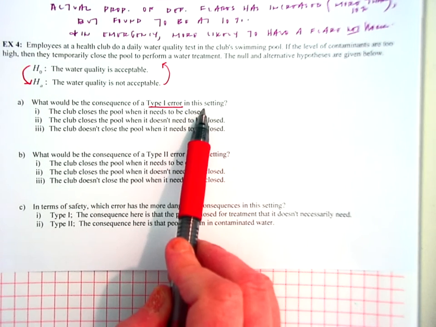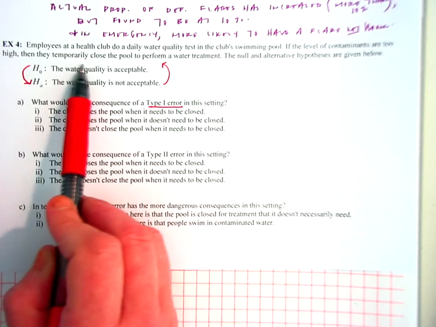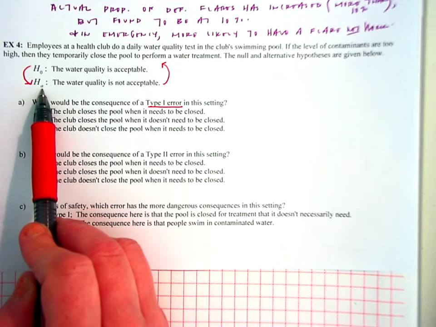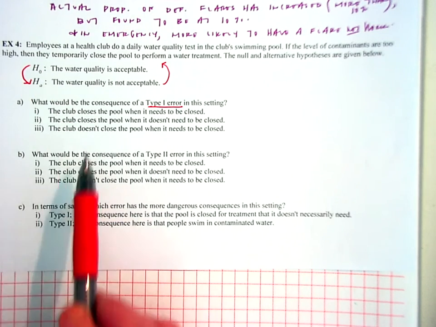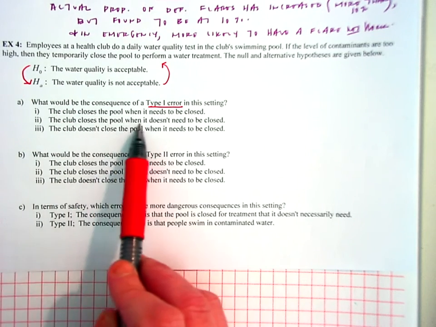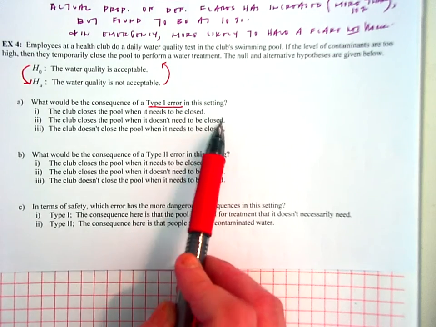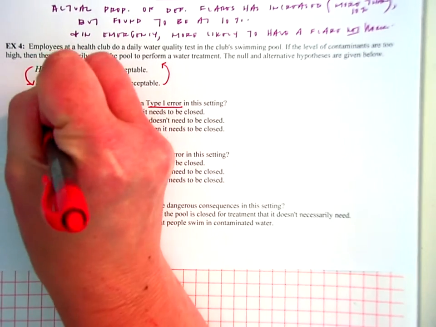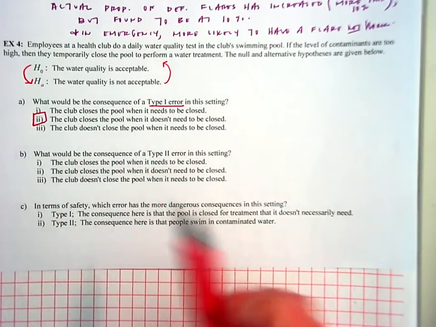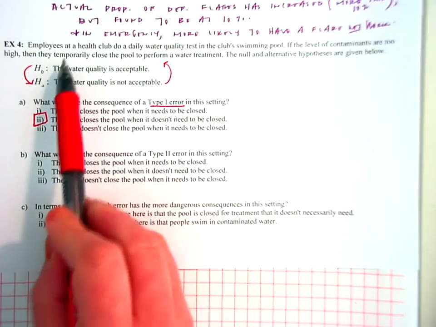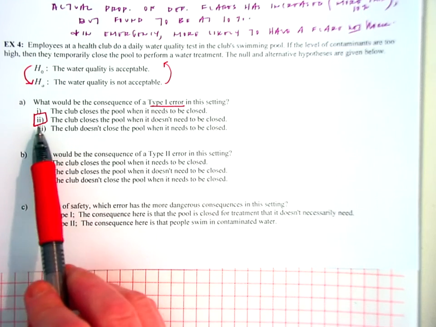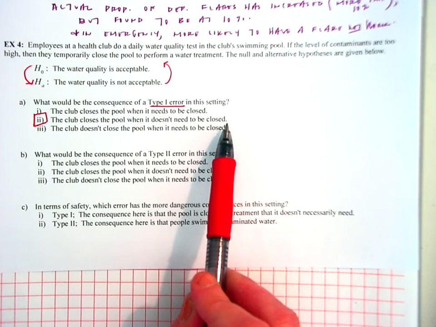Well, no, because the water quality is actually acceptable, but we're finding that it's not. So I need the one that says club closes the pool when it doesn't need to be closed. Absolutely, that is what would happen. The water quality is fine, but we found that it's not. They're going to close the pool when they didn't have to.